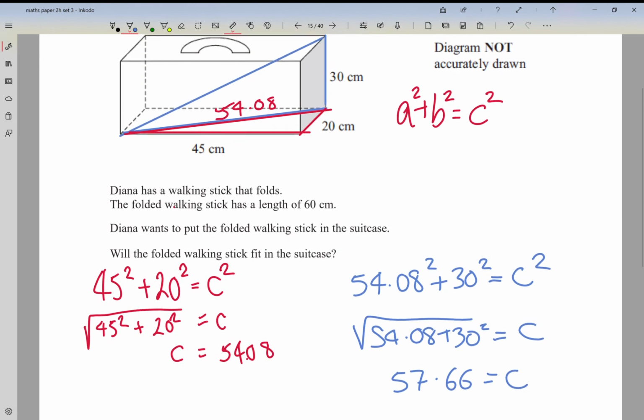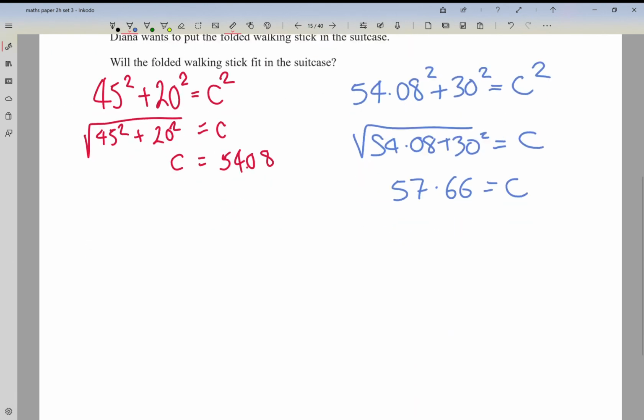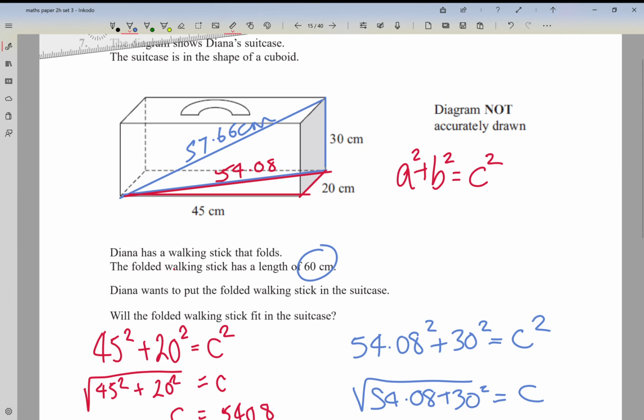Now, if that's 57, you can see that this walking stick of 60 centimetres will not fit in. So you've done all the work here. Please remember to get the statement mark, the conclusion mark, because if you don't pick up on it, then you will just lose that mark straight away.